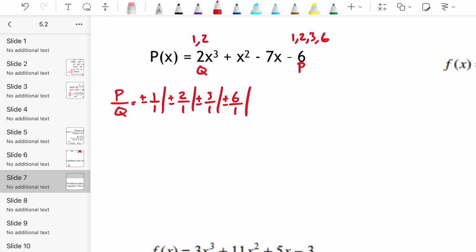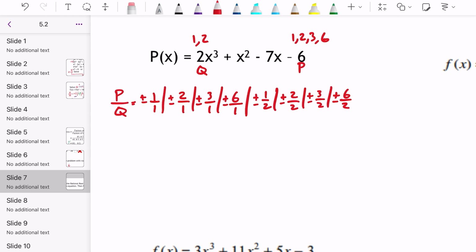So we start over again as positive negative 1 over 2, positive negative 2 over 2, positive negative 3 over 2, positive negative 6 over 2. Now, in this case, we are going to go ahead and simplify these answers once again in order to get a better understanding of where we are.